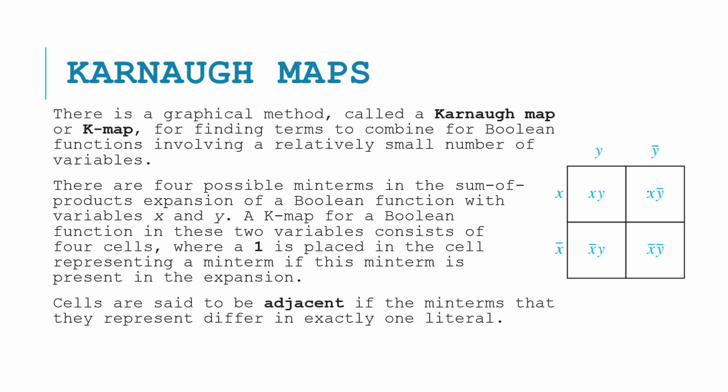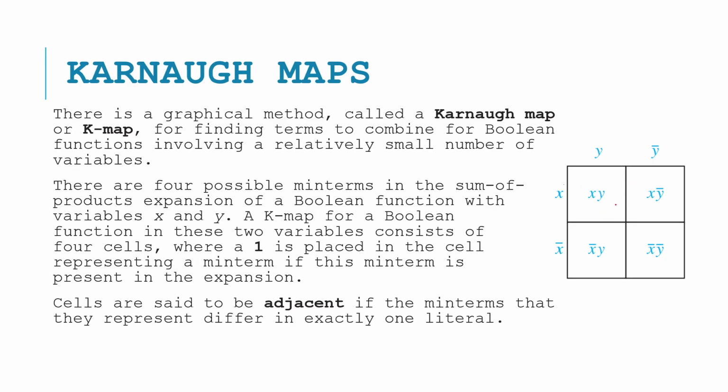For the upper right, we have xy complement. On the lower left, we have x complement y, and on the lower right, the complement of x times the complement of y. We put a 1 in the cell to represent a min term if this min term is present in the expansion.